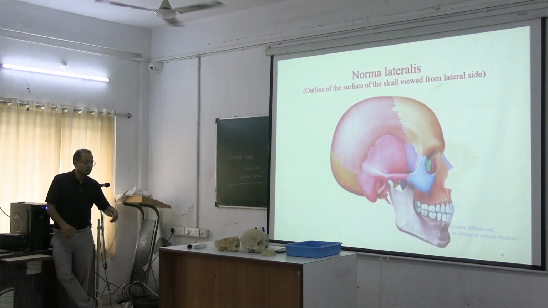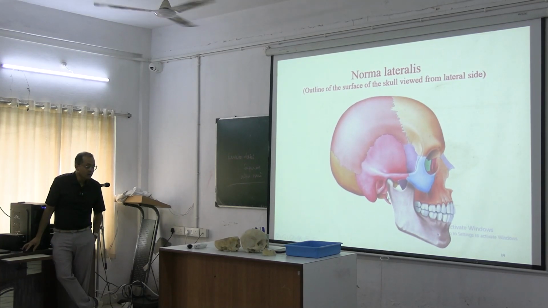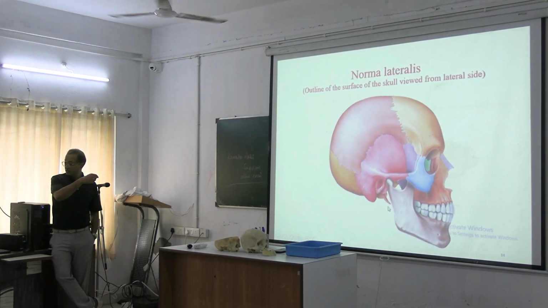Now, deep inside, if you go digging in, if you cut this, you find a deep vein, which we call the internal jugular vein, which is coming from the sigmoid sinus from the brain.